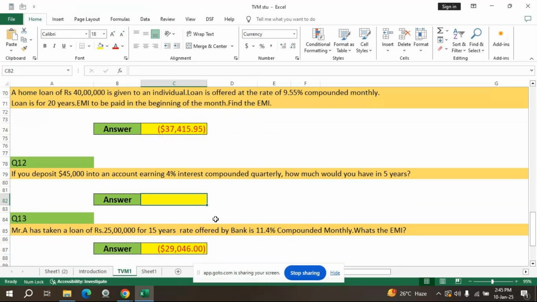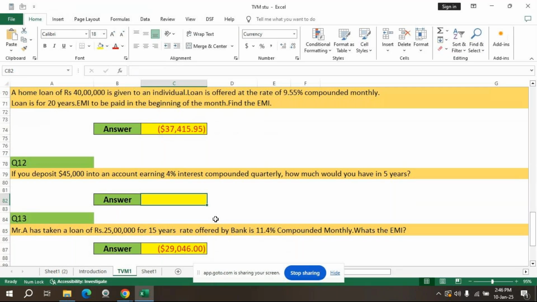Okay, so now, what formula do we have to use here? How much would you have in 5 years? That means the future value.